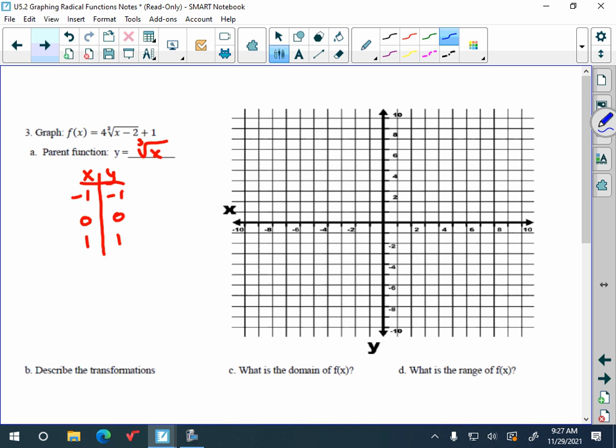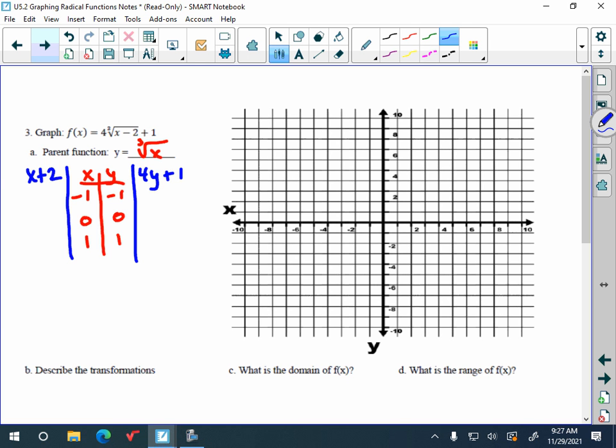Now when we do our transformations off of these values, we're going to add 2 to all the x's. We're going to multiply all the y's by 4, then we're going to add 1. Outside, you have to go left to right, so you multiply first, then you can add or subtract. Remember, inside does the opposite.